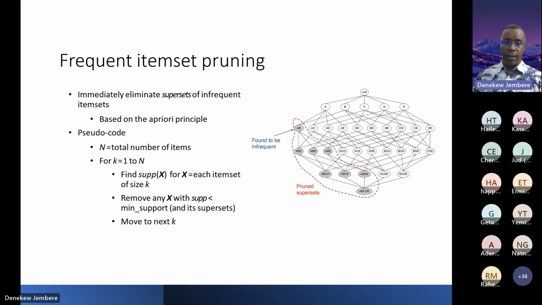So in case of association rule, there is a concept called pruning, because association rule involves some cost to deal with all possible rules that may get generated.